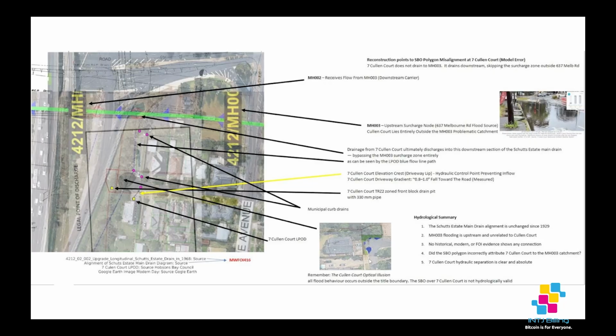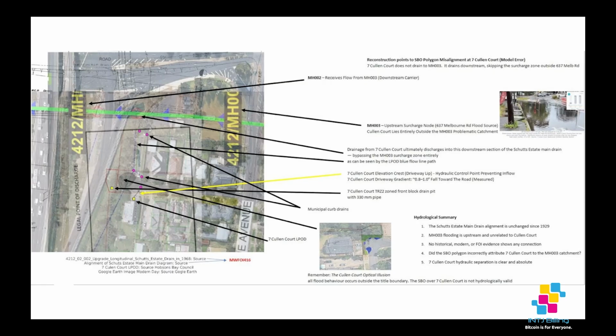So remember that all flood behaviour, so nuisance ponding, occurs outside the title boundary. Water can't flow uphill over this section of council verge to make it to the TRZ2 zone block. It cannot flow uphill up the garage, because remember we've got our 0.8 to 1 degree fall towards the road. So the SBO over 7 Cullen Court is not hydrologically valid.